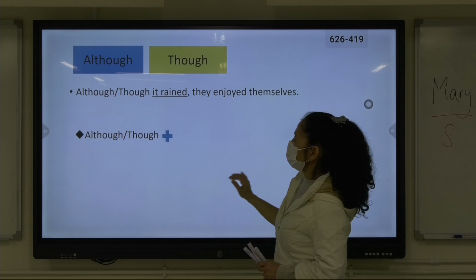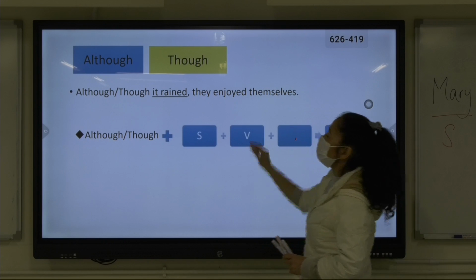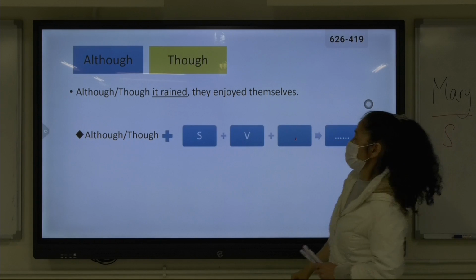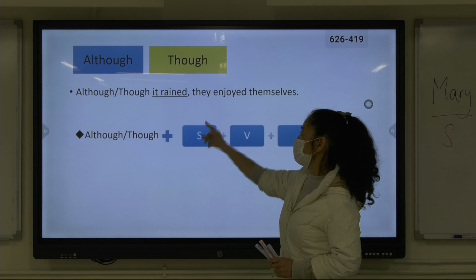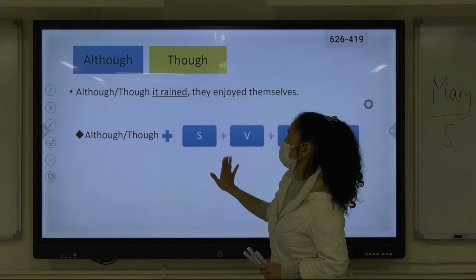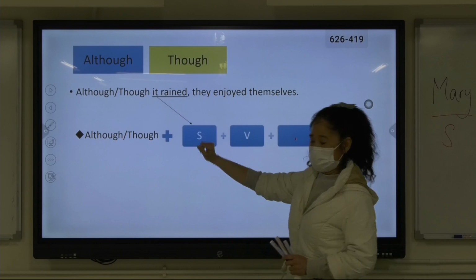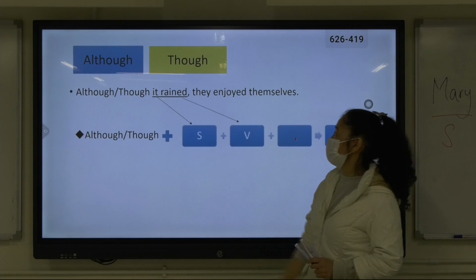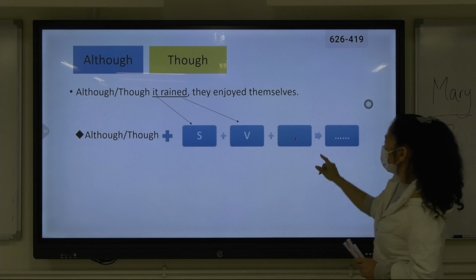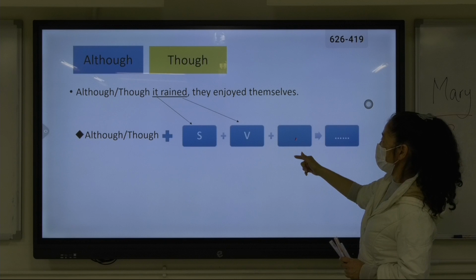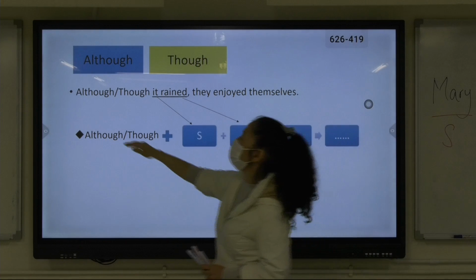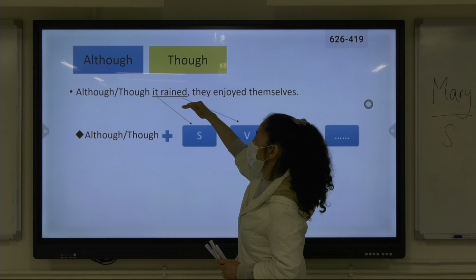So here again, to remind you, after although and though, they must be followed by a subject, it, and the verb rained. Now pay attention, you have to remember to put a comma here, okay? That shows this is the subordinate clause.